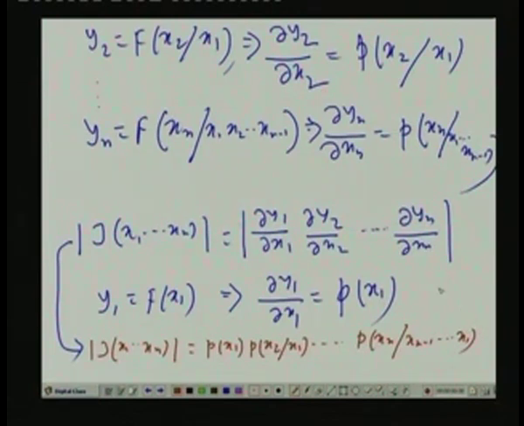Okay? And this is the chain rule that we discussed previously. So this is nothing but the joint density of x1 up to xn.